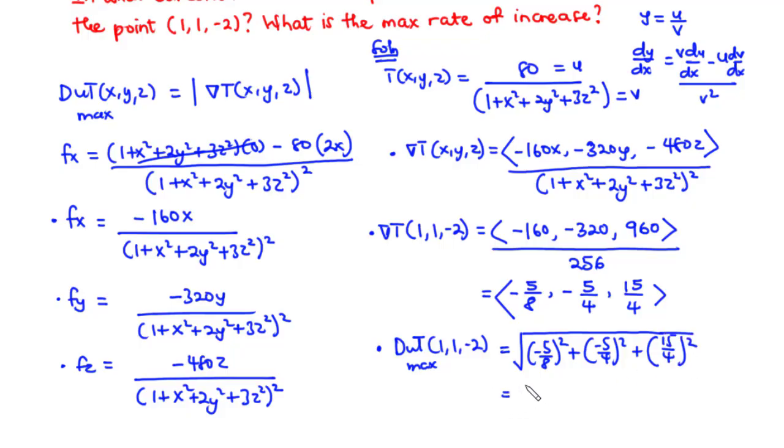So that is equal to the square root of negative 5 square, that is 25, over 8 square is 64, plus negative 5 square, 25, over 4 square, 16, plus 15 square is 225, over 4 square is 16.